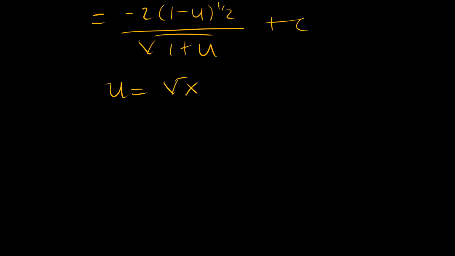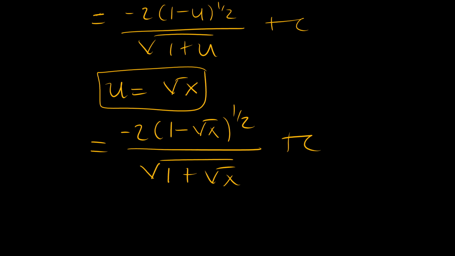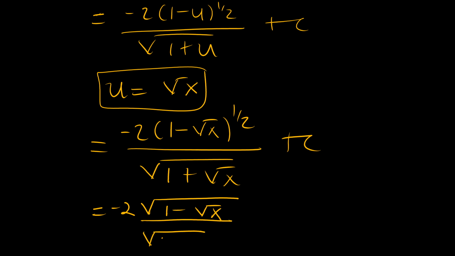That means that our integral is 2 times 1 minus square root of x to the power half over square root of 1 plus square root of x plus c. And we could simplify this a little bit further.